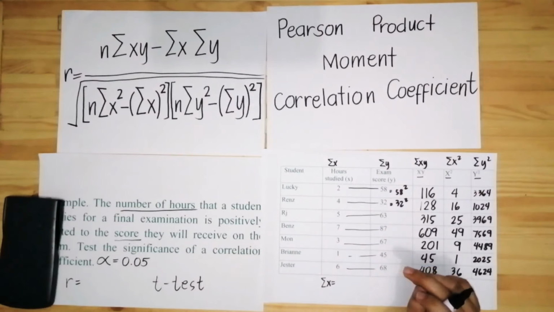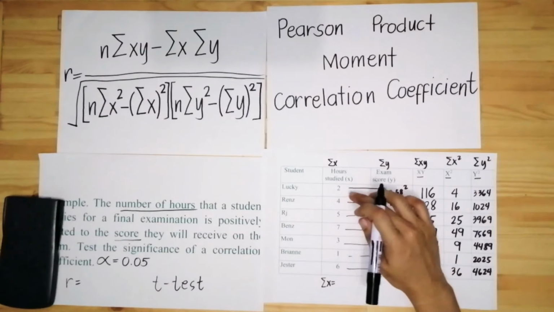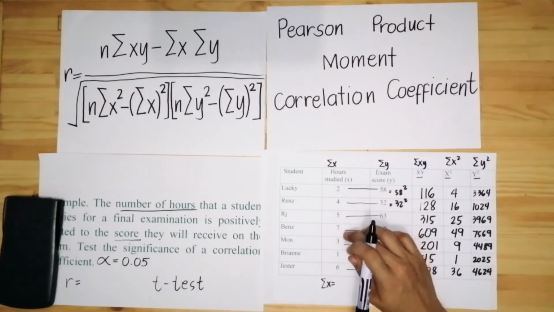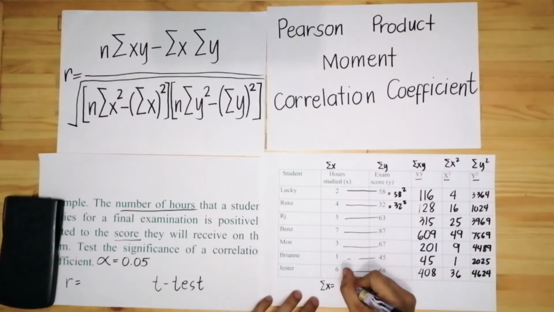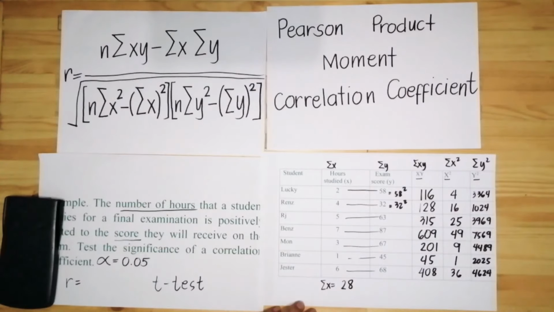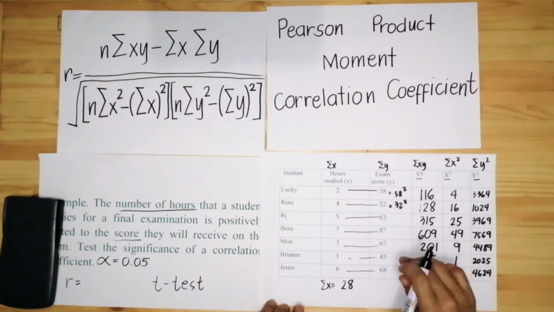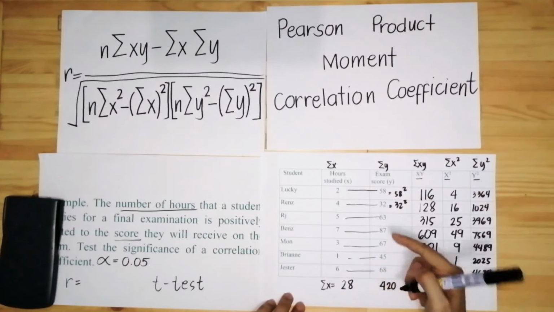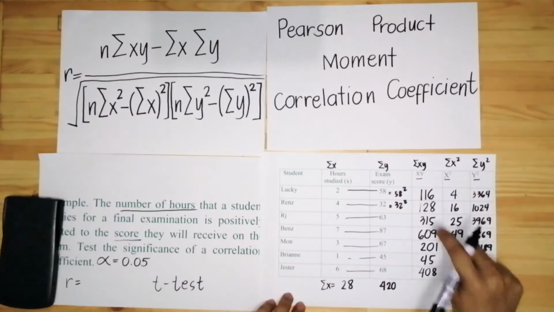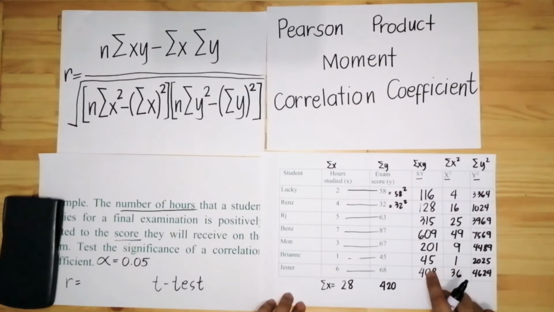So pagka nakuha natin, i-add natin to 2 plus 4 plus 5 plus 7 plus 3 plus 1 plus 6. The total would be 28. Okay? So for the summation of y naman, the total would be 420. Summation of xy would be equal to 1822.